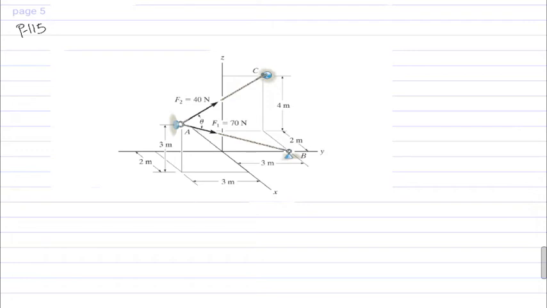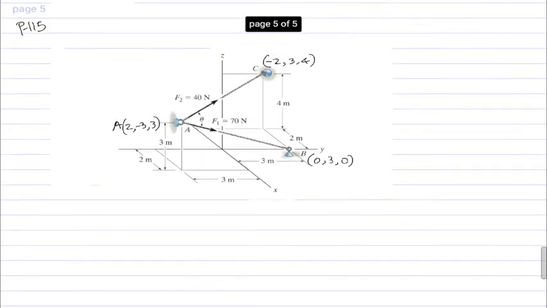What you essentially get for C is negative 2, 3, and 4. For B, you get 0, 3, and 0. And for A, you get 2, negative 3, and 3.